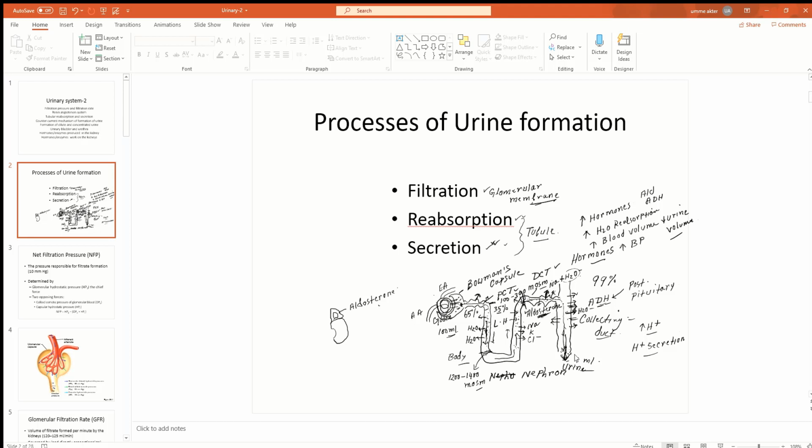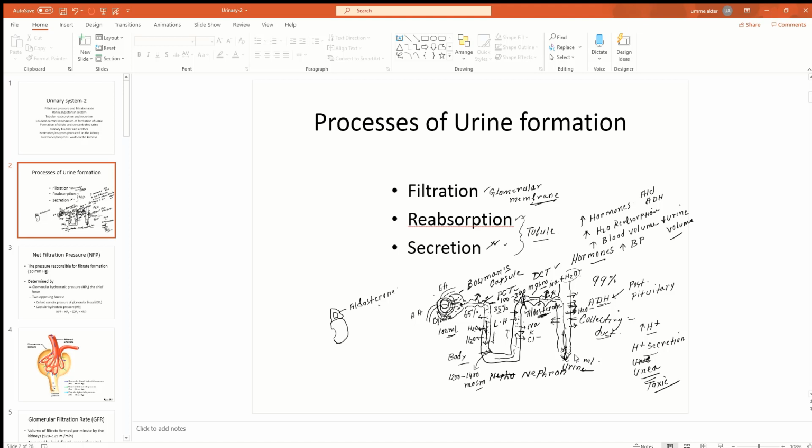So that is one way to maintain the pH and fix the acidosis. And another toxic chemical that is produced in the body, uric acid, is also directly secreted into the nephron and will get out with the urine.